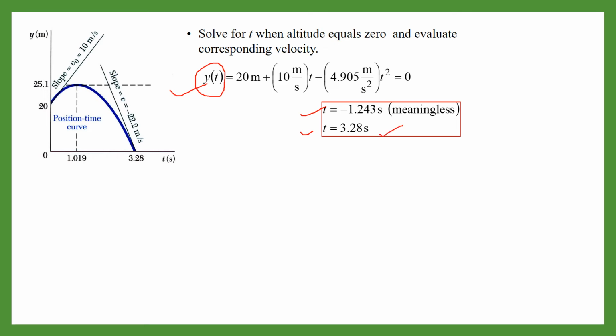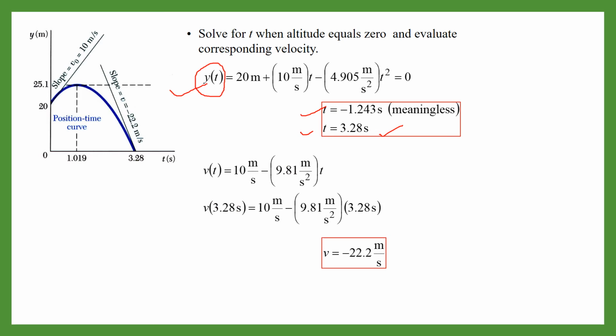That means the ball will hit the ground after 3.28 seconds after the release of the ball. Now to find the velocity with which the ball hits the ground, we simply use the equation of V and we put this value of t here.